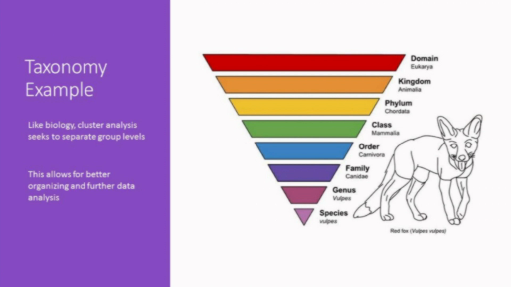And you can see here with an example, we have a red fox, but we can divide up the red fox into either a kingdom or a phylum or a class or an order or family or genus or species. We know that there are far more species than genus, than family, than order, than class, etc. So another hallmark of a cluster analysis is not only how many clusters may be born out of an analysis, but how granular do you want to get?